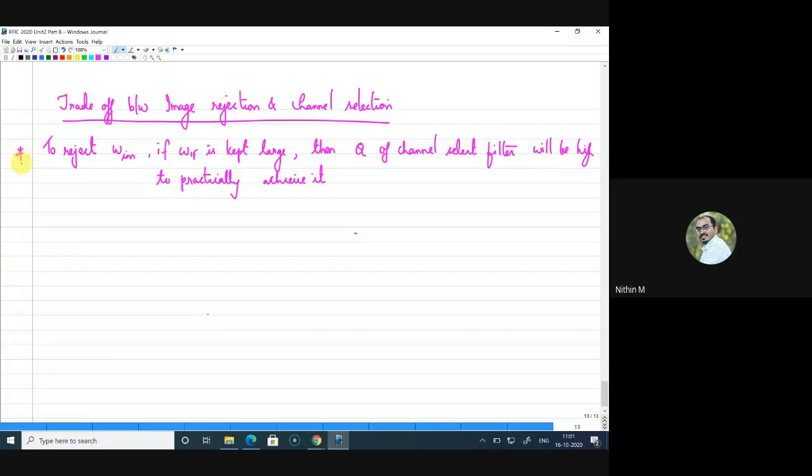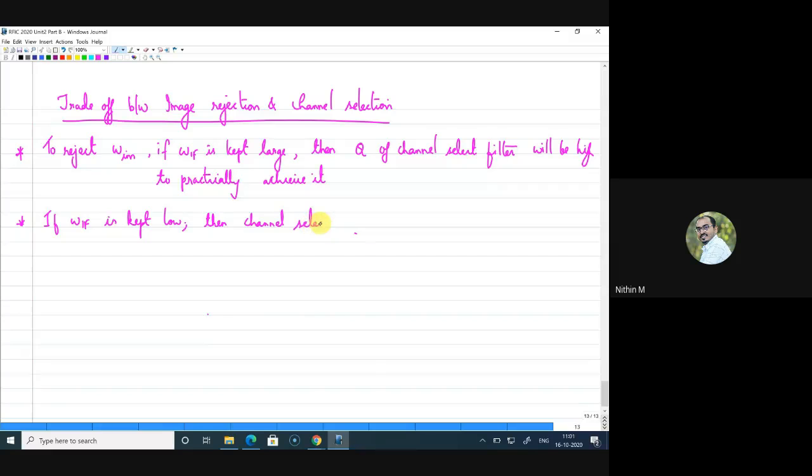Right, this is one thing. And the second thing is, now if we keep omega IF low, then we can do channel selection better.